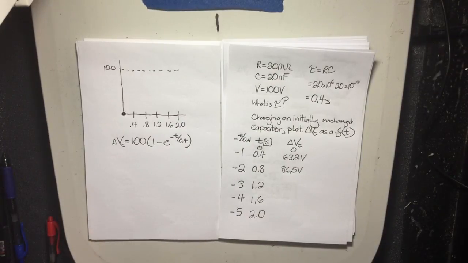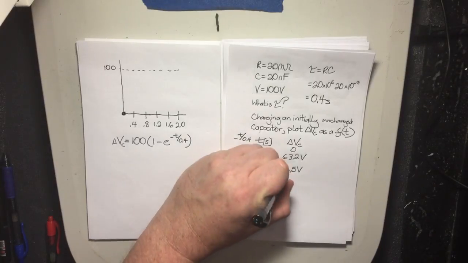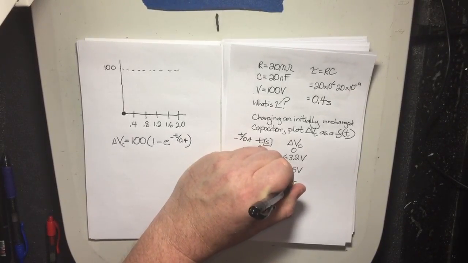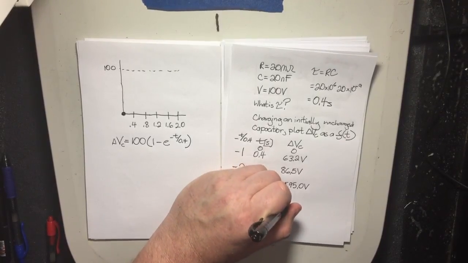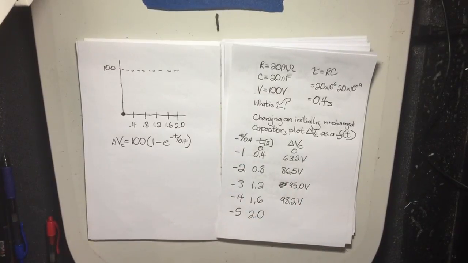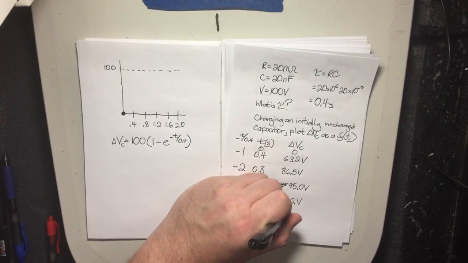E to the negative 3 gives 95.0 volts, then 98.2 volts, and then 99.3 volts.